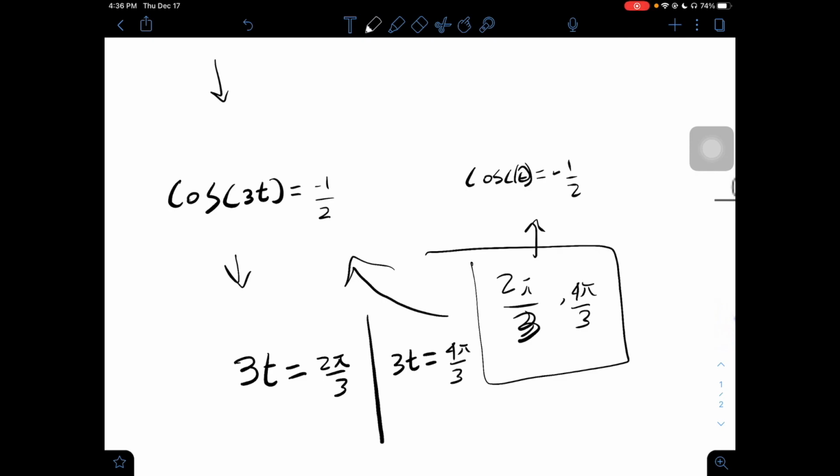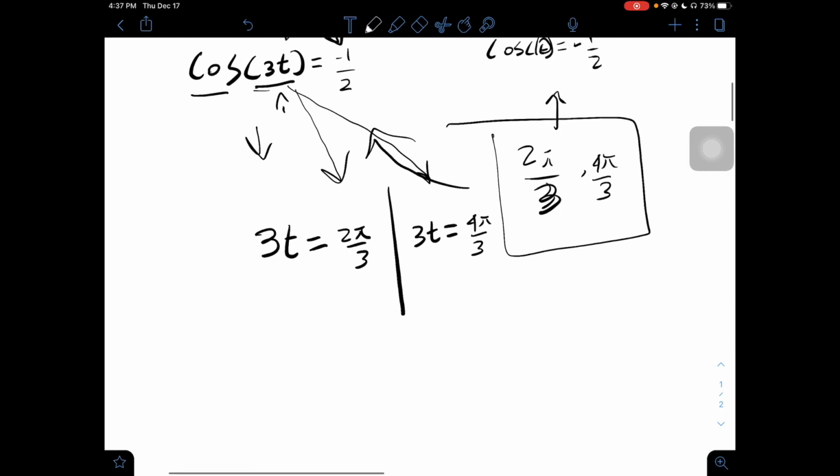You might be asking yourself why we did this. Well, we know that the cosine of 3t is going to equal negative 1/2, and we know that 3t is going to be equivalent to 2 pi over 3 or 4 pi over 3. What I like to do just to make things simpler is disregard the pi and add it back at the end. So we can just think about this as simple algebra.